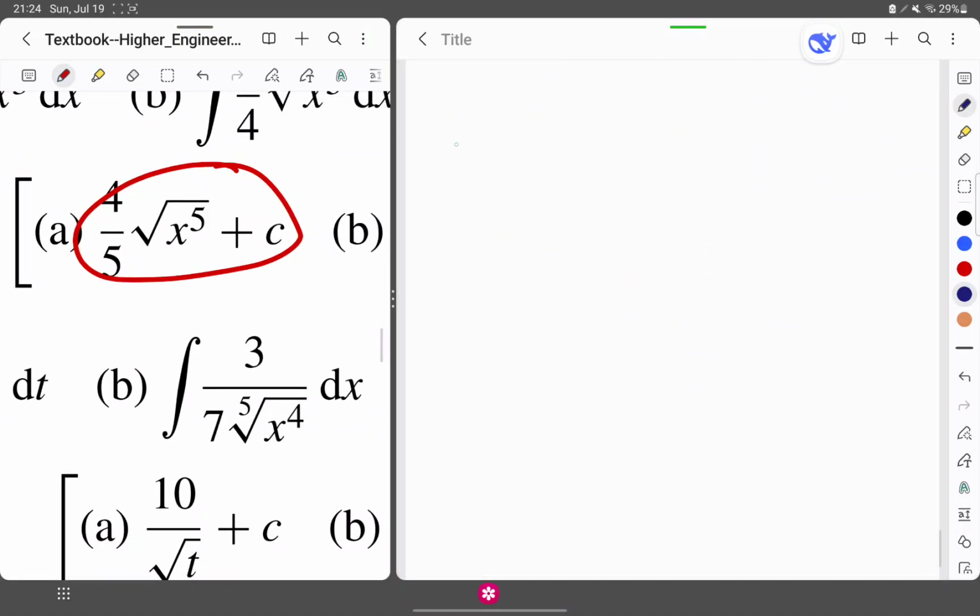What about b? Integral of 3 over 7 times this one dx.